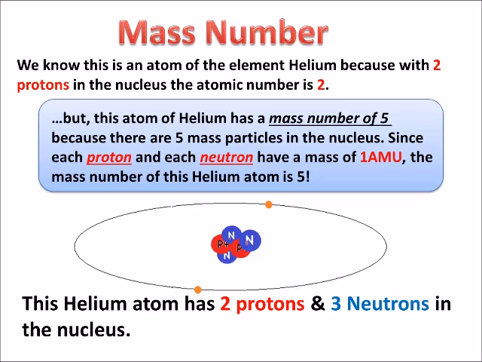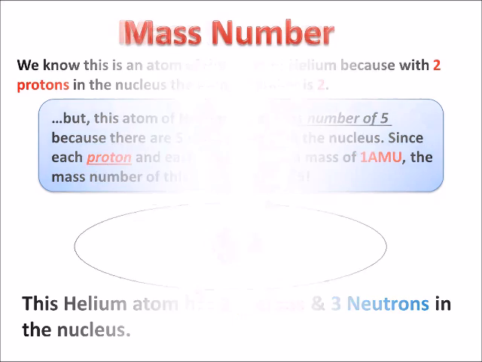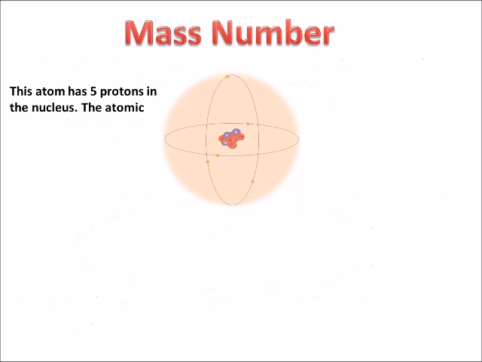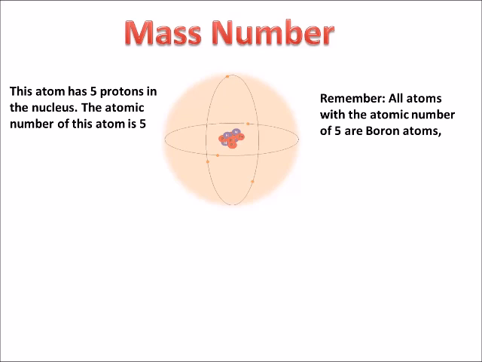Mass number is the sum total of the mass particles in the nucleus of any atom. This atom has 5 protons in the nucleus. The atomic number of this atom is 5. Remember, all atoms with the atomic number of 5 are boron atoms.